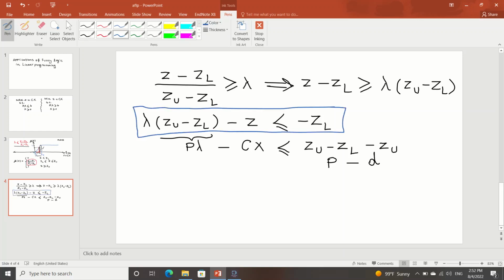Lambda multiplied by ZU minus ZL minus Z is less than negative ZL, or P lambda minus Cx is less than P minus D.